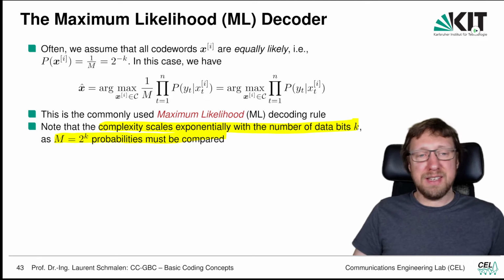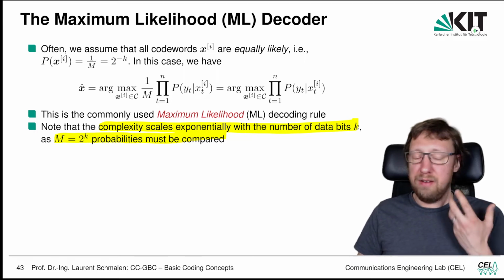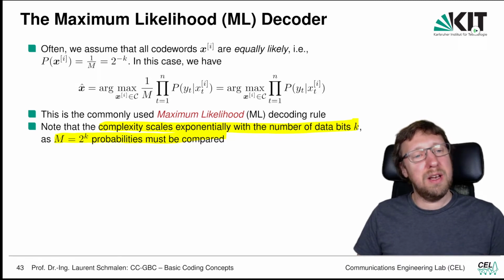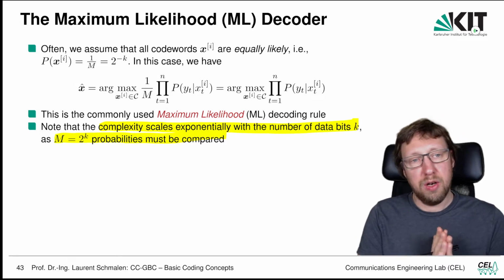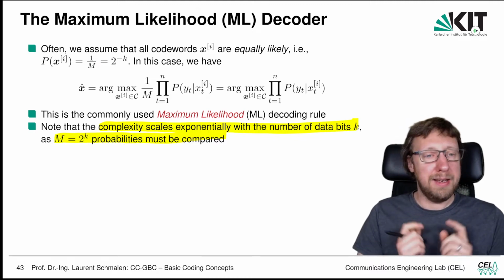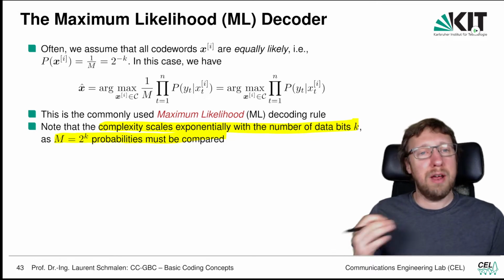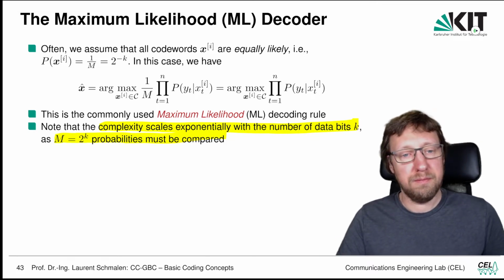And therefore this decoder is only valid either for Gedanken experiments or for very short codes. But it's the optimum decoder, and that's why we need to take a close look at it, because it will allow us to derive bounds later on.